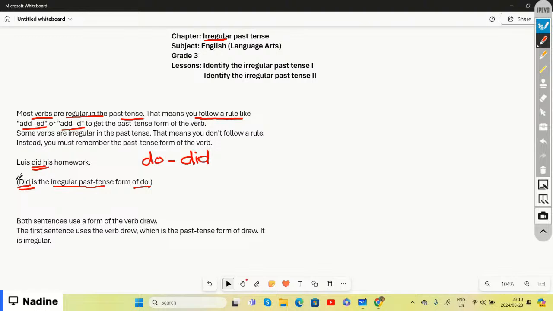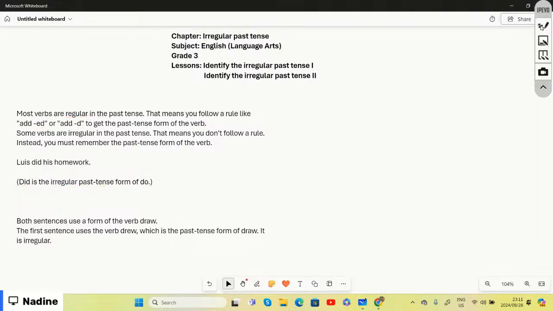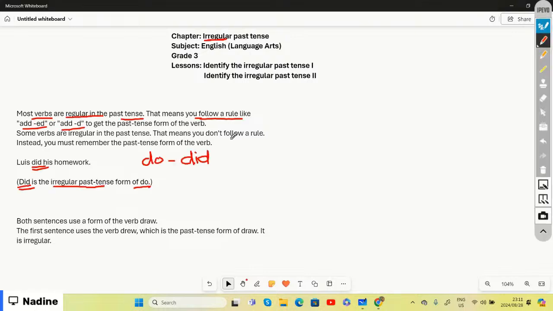All right. And if we look at a few examples of words that are irregular, or irregular verbs or irregular past tense, if we look at words like feed.